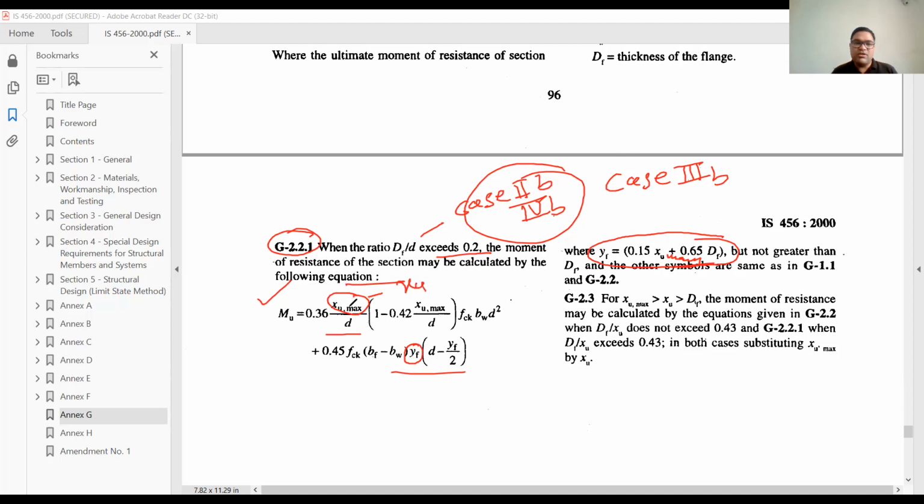So in this formula, if we replace XU max by XU here also, then this formula will become the formula for case 3B. And here also YF will be 0.15 XU plus 0.65 D. All these values and all things are written here. So whatever we have discussed in the slide, all the things are based on the IS code recommendations.